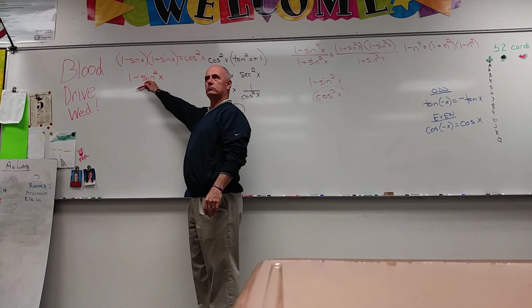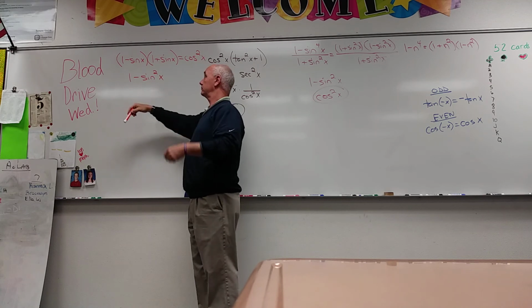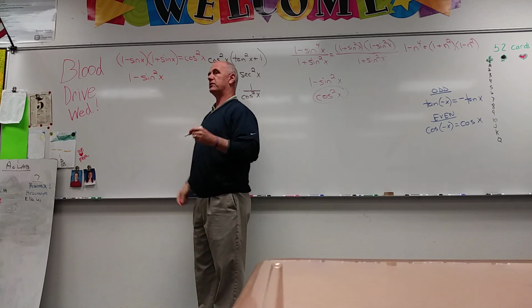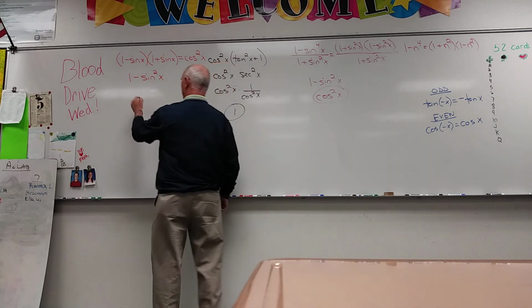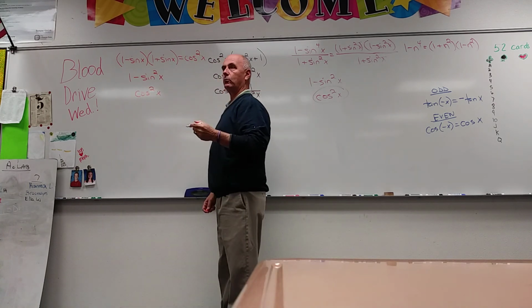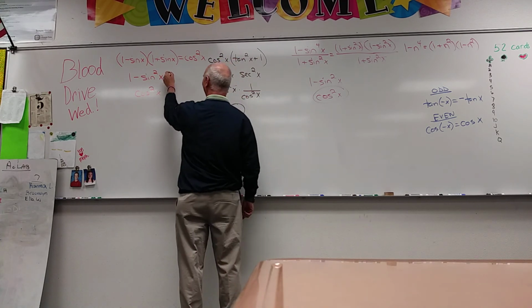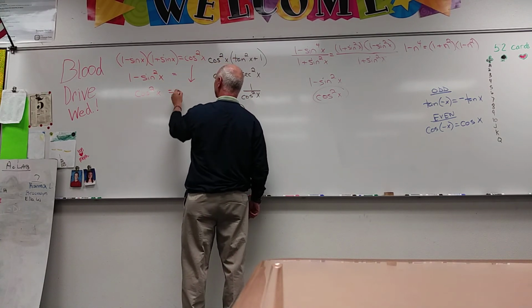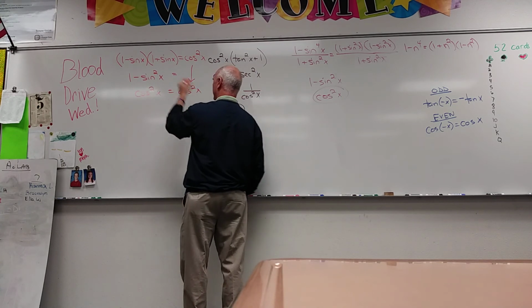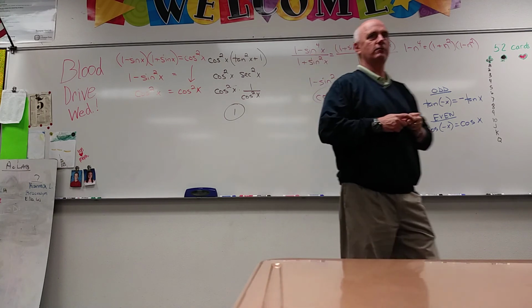What is 1 minus sine squared of x? Cosine squared of x. Is that as far as we can go? Yes. So now let's check the right side. It equals cosine squared of x. And so we were done. We have taken the left side and turned it into the right side.